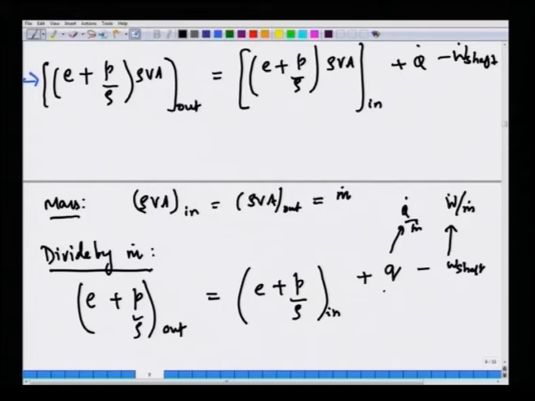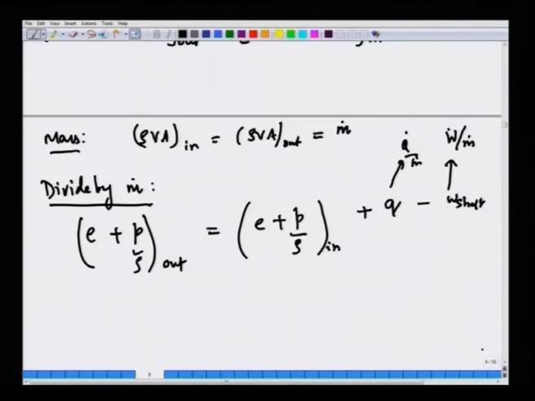Small q is the heat transferred to the control volume per unit mass of the fluid, and small w is the shaft work done by the control volume on the surroundings per unit mass of the fluid, because now we have divided the rates with the mass flow rate.